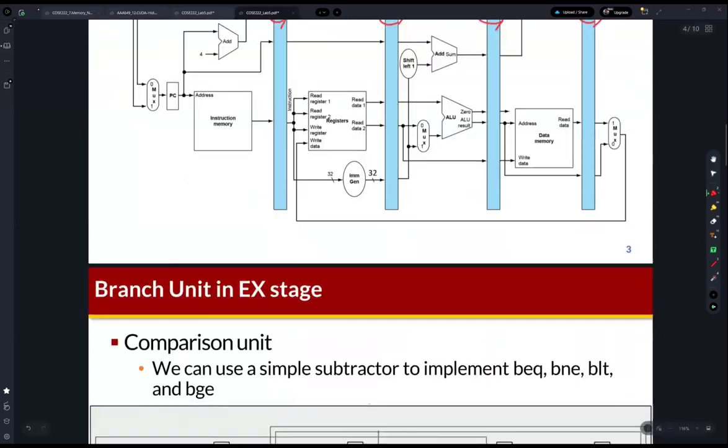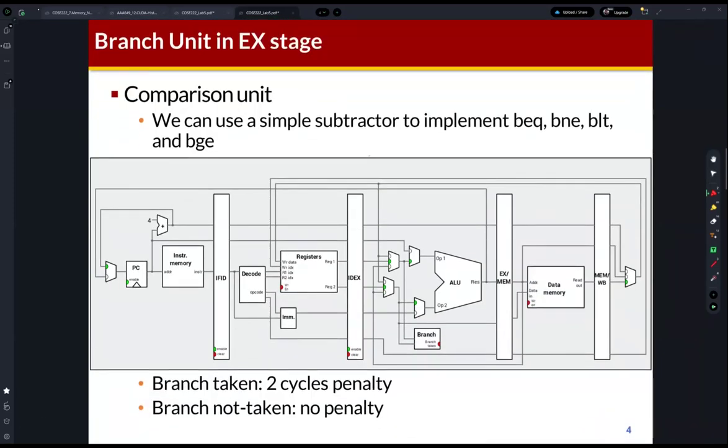Also, in the five-stage pipeline architecture design, the branch unit is in the EX stage. I explained the reason, right?